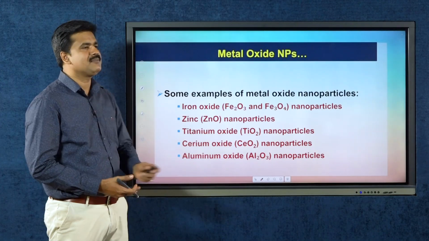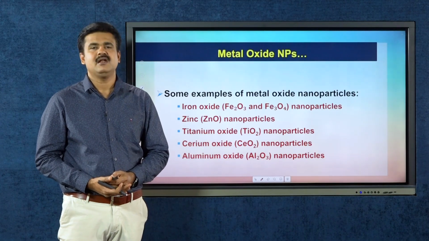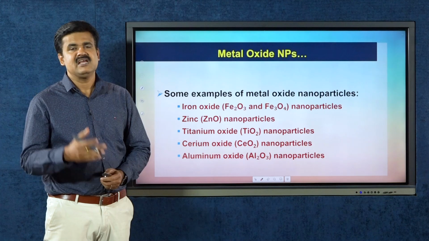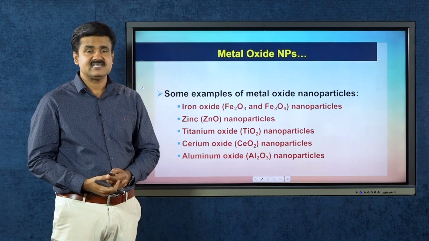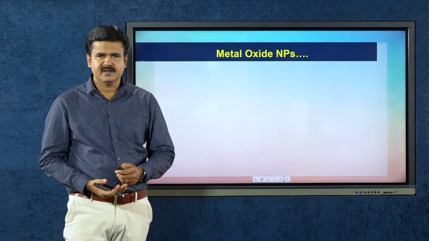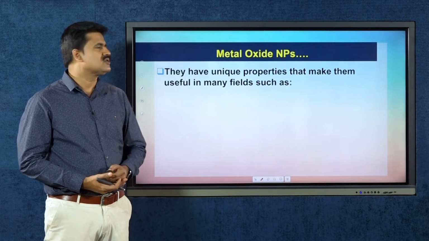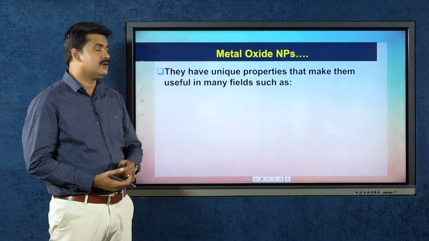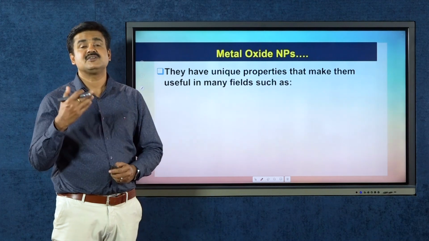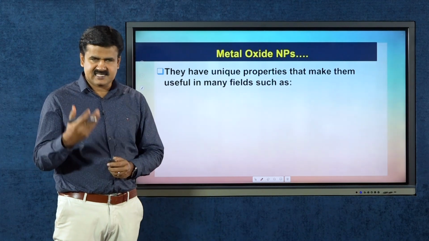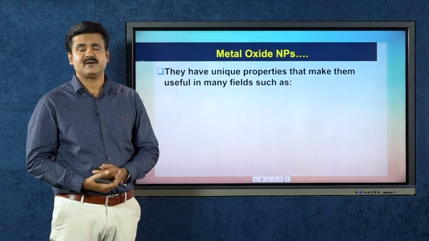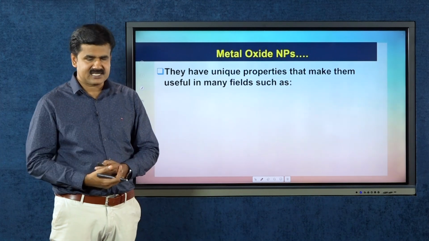And these are examples of some stable metal oxide nanoparticles which can be prepared by popular methods and characterized by common methods, etc. Now, these metal oxide nanoparticles have unique properties that make them useful in many fields. That is, they have diverse applications.